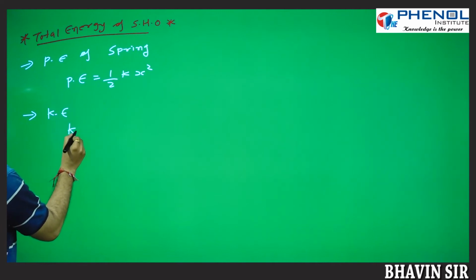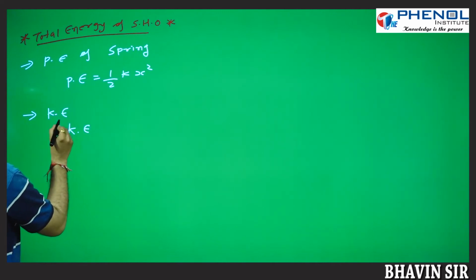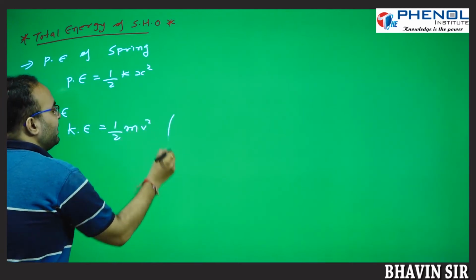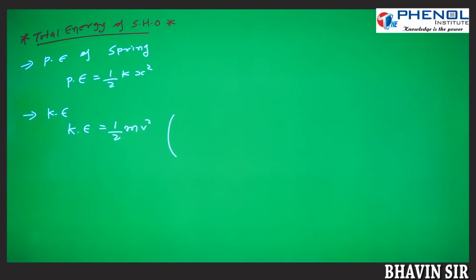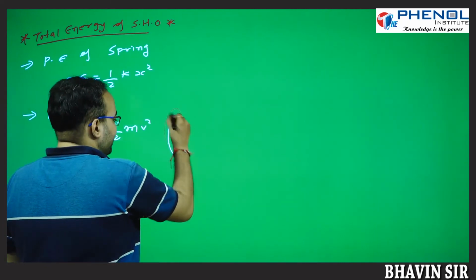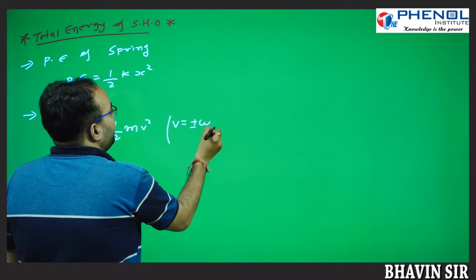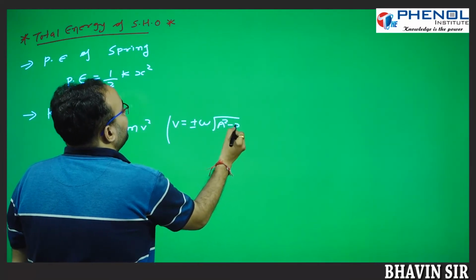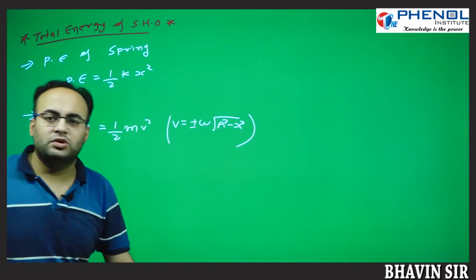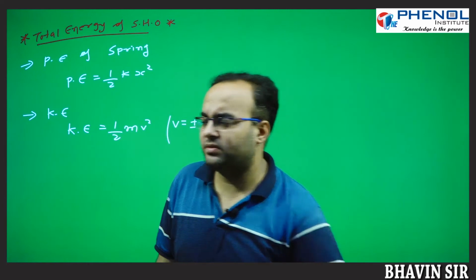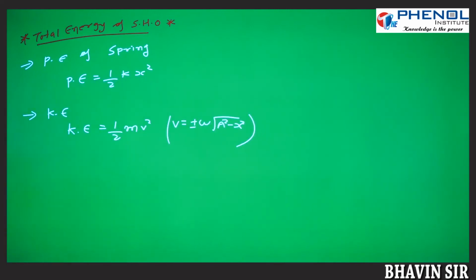Kinetic energy is equal to half m v square. And what is the formula of speed, students, for simple harmonic motion? v is plus or minus omega under root a square minus x square.